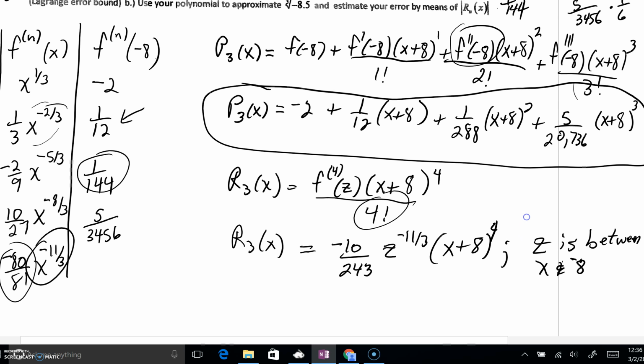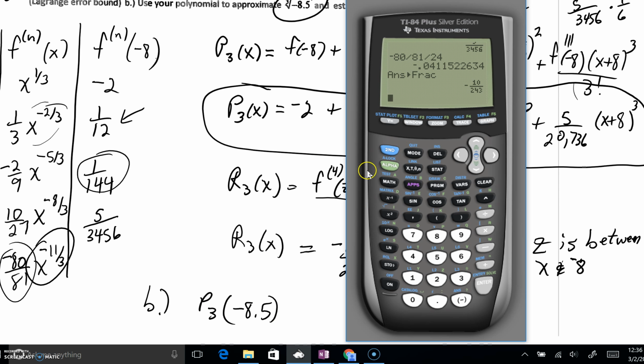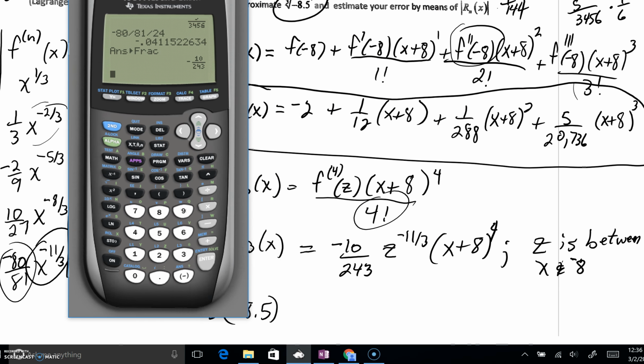And they also want us to estimate what the cube root of negative 8.5 is. So if we did p sub 3 of negative 8.5, we'd have to just type this all out in here and get a quick estimate. This is just some number crunching.